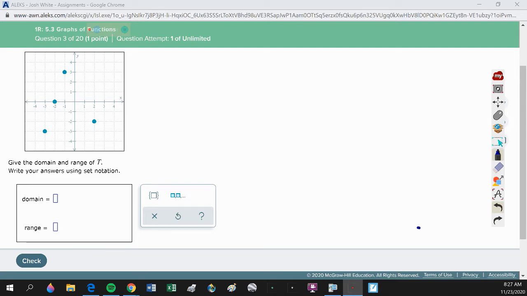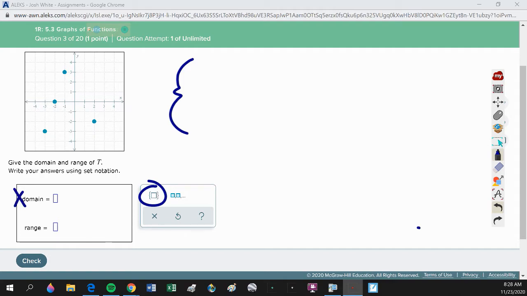Okay, so this question is actually really easy. This question is saying, what are all of the x's? Are you confused? Okay. So this one, you have to use this funny set of brackets right here. And the domain are all of the x's.